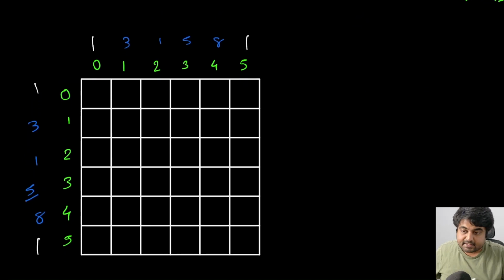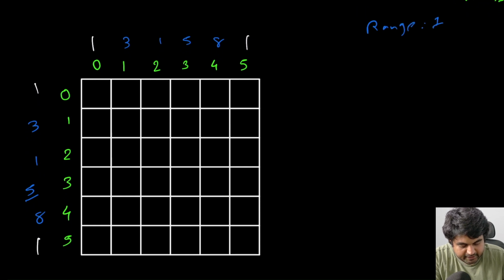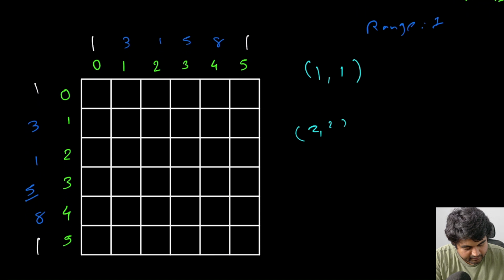Now let's do it one by one, starting with the smallest range possible, which is going to be an interval of 1. If we are only dealing with interval 1 ranges, what are the different values we are trying to compute? The first value would be 1 1, the second 2 2, the third 3 3, and the fourth 4 4.